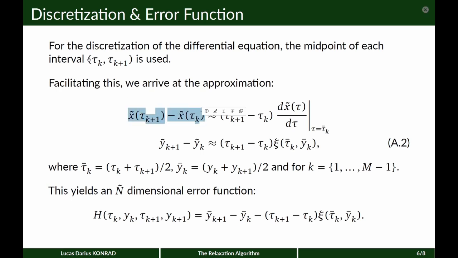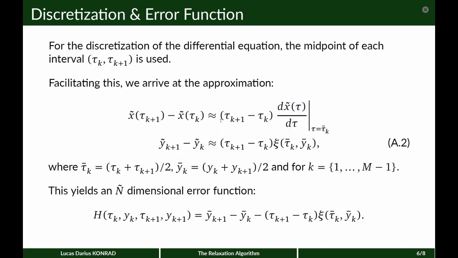So considering the time interval between tau k and tau k plus 1, two consecutive time points, the interval here is a continuous interval. So how did the variables of interest change? Well, the value of the variables of interest at the end of the period minus the value at the beginning of the period is the change.